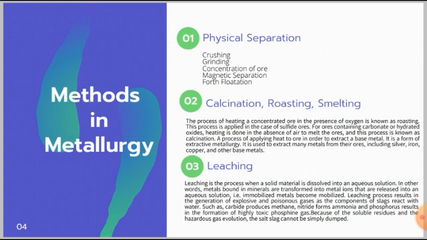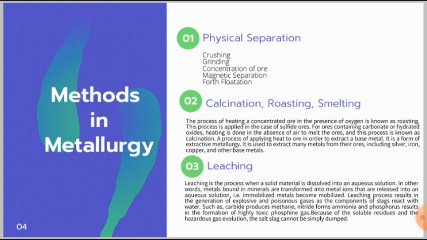As far as leaching is concerned, leaching is basically a metallurgical operation in which the solid material is dissolved into an aqueous solution. In other words, the ore is dissolved so that different ingredients are separated easily.